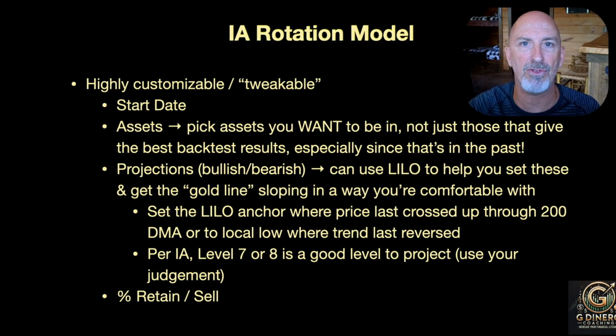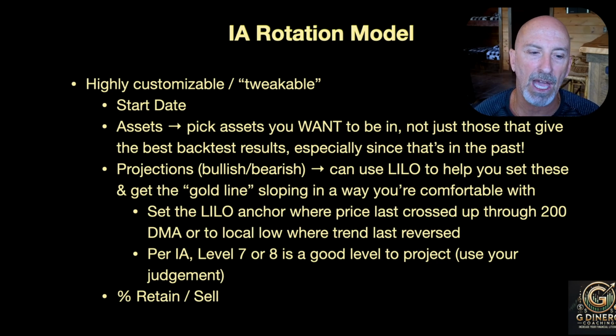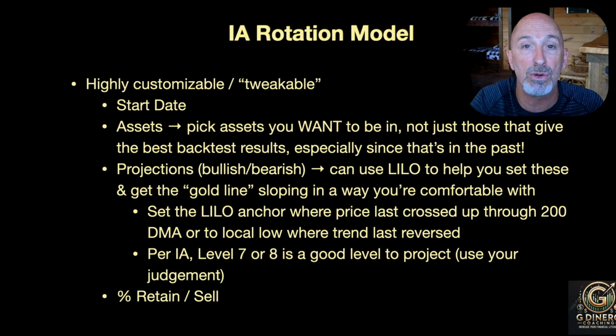That's a trend reversal. That marks a local bottom. That could be a point where you would set the LILO anchor to. Either that, or like I said, the 200-day moving average. And per InvestAnswers, level 7 or level 8 is a good level to project out to in the future. Again, that's up to you, your judgment.